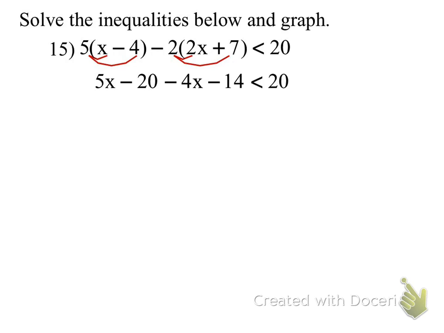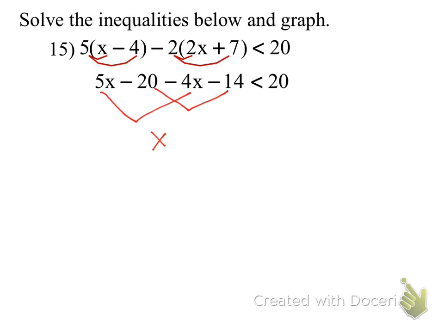Now what? Go, Isabel. Then we would add negative 20 and negative, so 3x minus 34. 3x? How about combine our like terms? What am I doing about combining my like terms on this side? X and what else? What do I do with this?